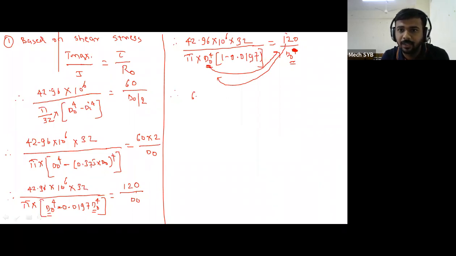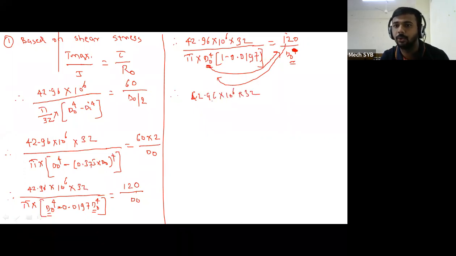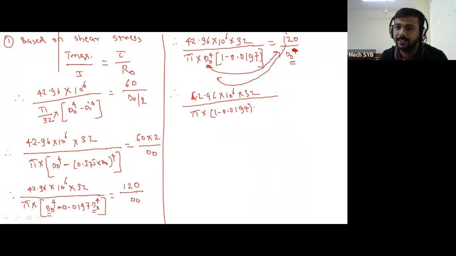So what do we do, see, this 42.96 into 10 raised to 6 into 32 divided by pi as it is, bracket 1 minus 0.0197 as it is into 120 there, is equal to do raised to 4 divided by do. Okay, then what is the term present at the left side?